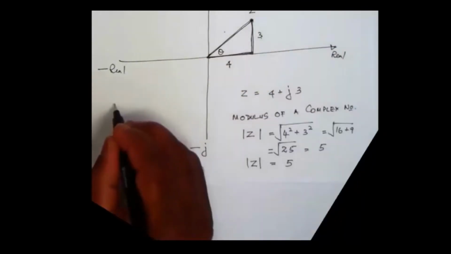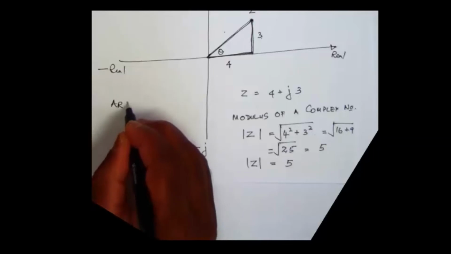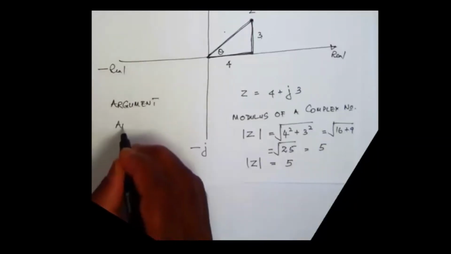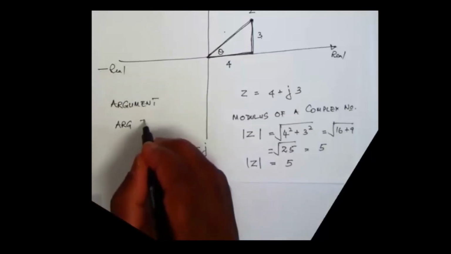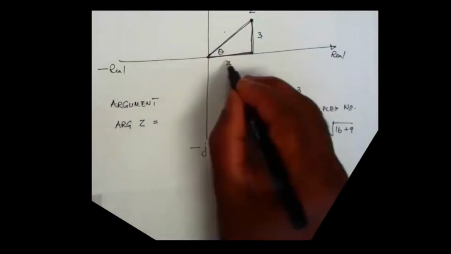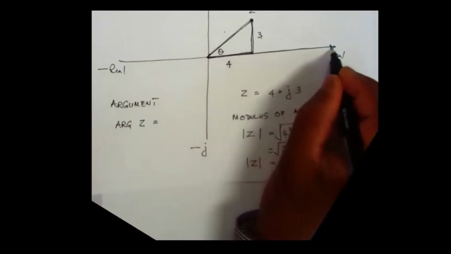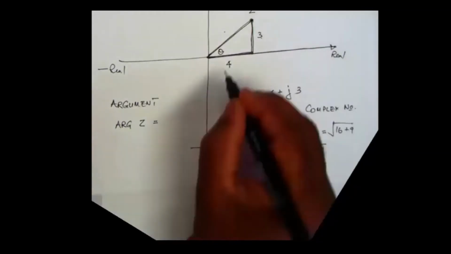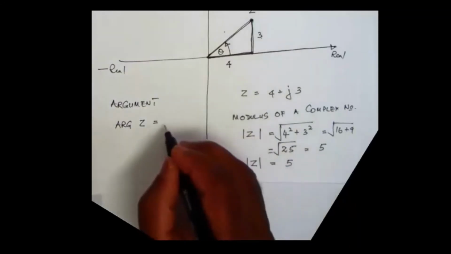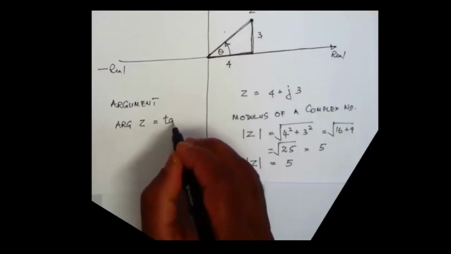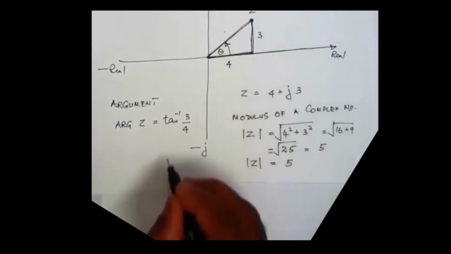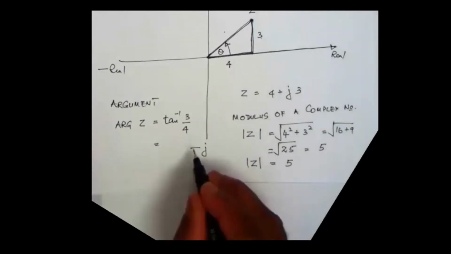So argument we write as arg of z is equal to, now this angle we always measure from the positive real axis, and measuring it anticlockwise, and arg z is tan inverse 3 by 4, which you can calculate and see what it is.